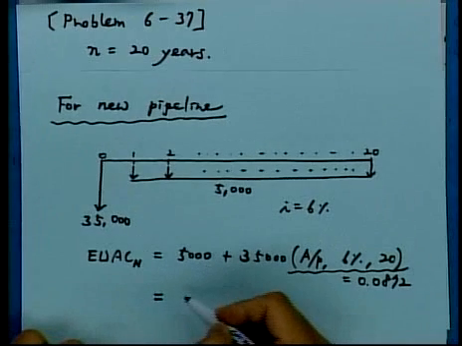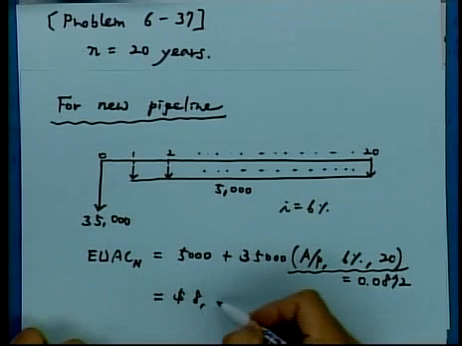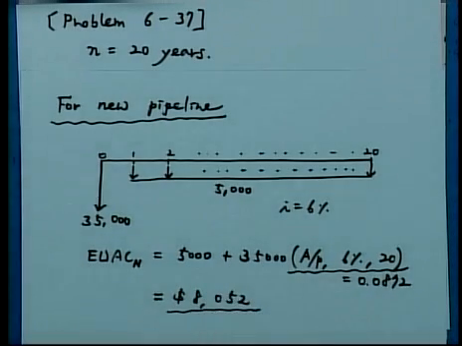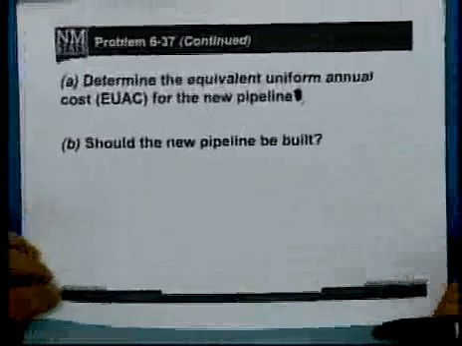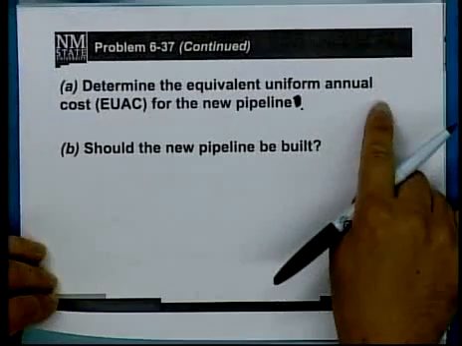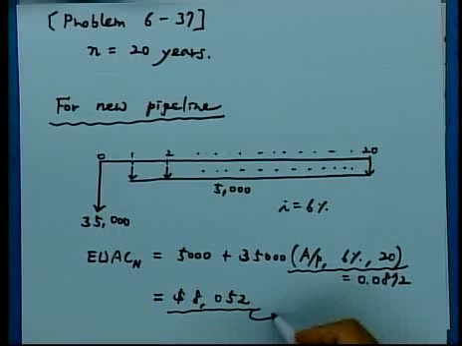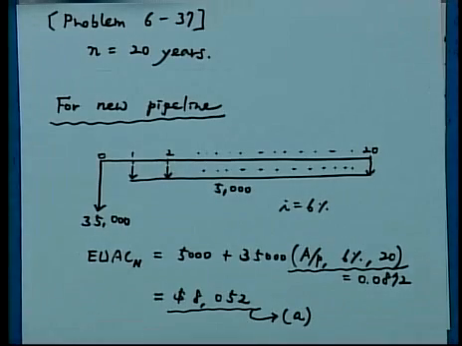Okay, this is $8,052. Okay, and part A asks us to compute the equivalent uniform annual cost for the new pipeline. So this is the answer for part A. Okay.